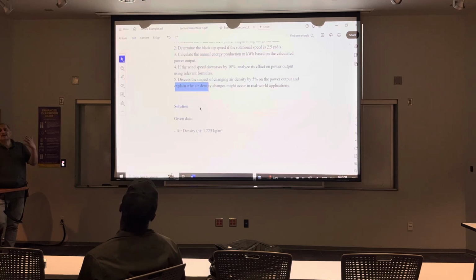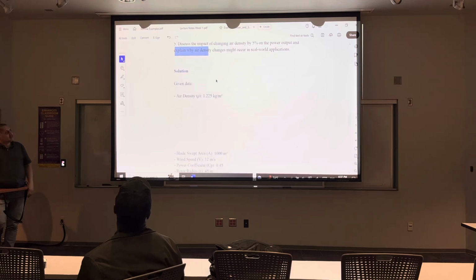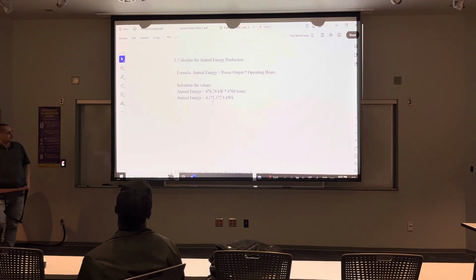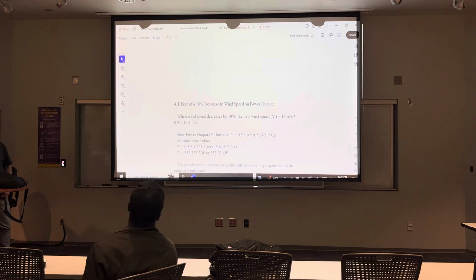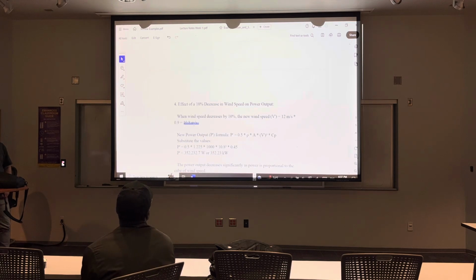It was 12, now 10.8 meter per second. So the new output power is 0.5 rho A V new cubed CP.